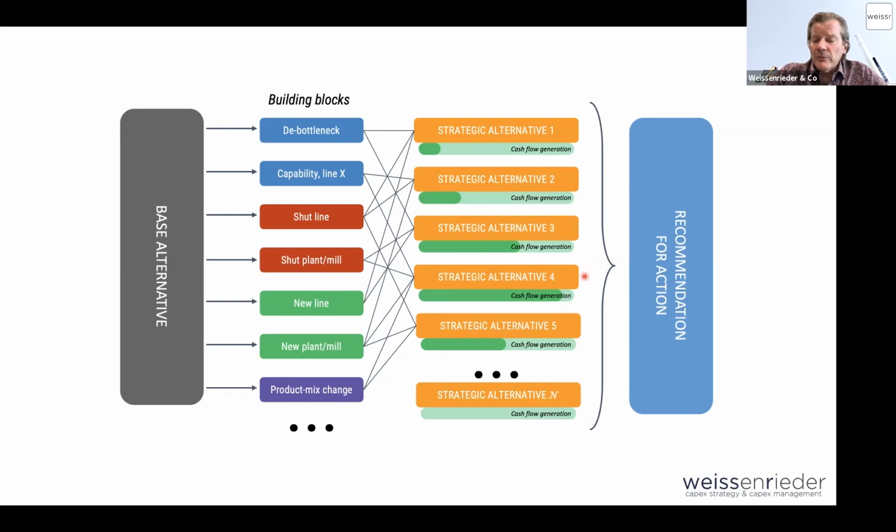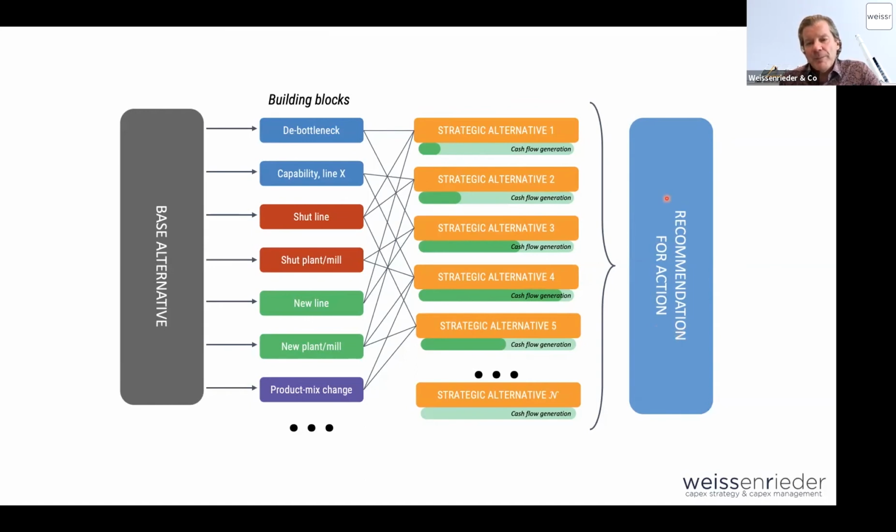I'm actually done. I have taken this presentation as far as I intended to take it. Well, let me just say one more thing, just to connect the first part of my presentation with this last one. When you have your recommendation for action, it will be a combination of many Capex products.